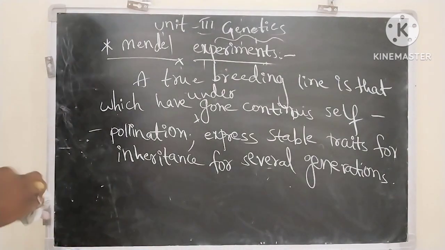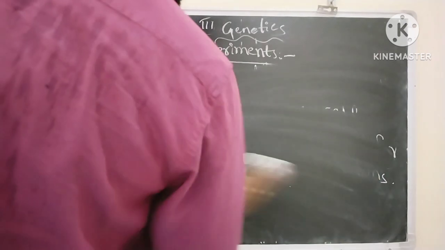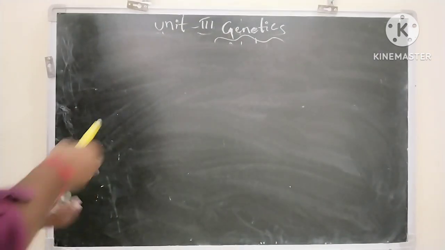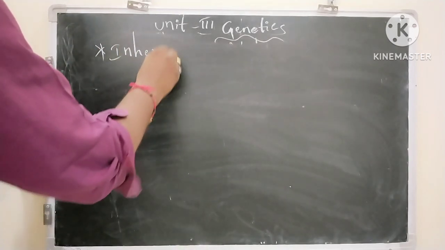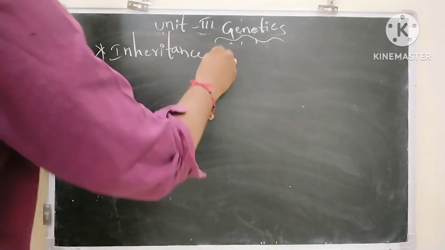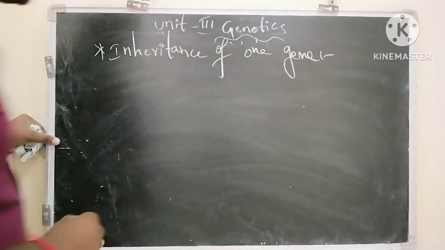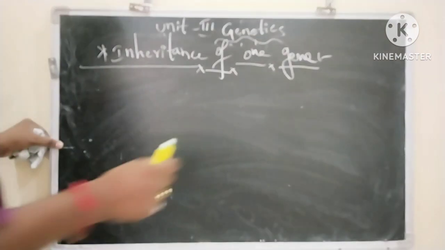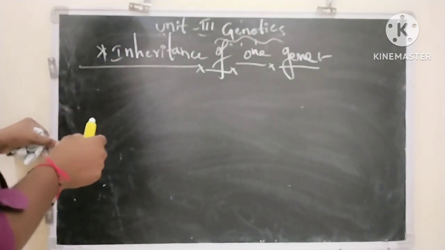Next we will discuss inheritance of one gene, also called monohybrid cross. Here Mendel selected height as the character.